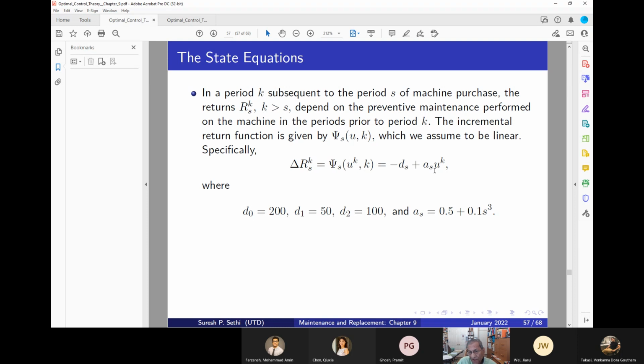But if I want to have this formula, I need to find out what the DS and AS are. So for DS, I'm going to do a table. D0 is 200, D1 is 50, D2 is 100. I can also do a table on AS, but I'm going to do it this way. It's just a different way of doing it. So we have D0, D1, D2, and we have A0, A1, A2 also by this.